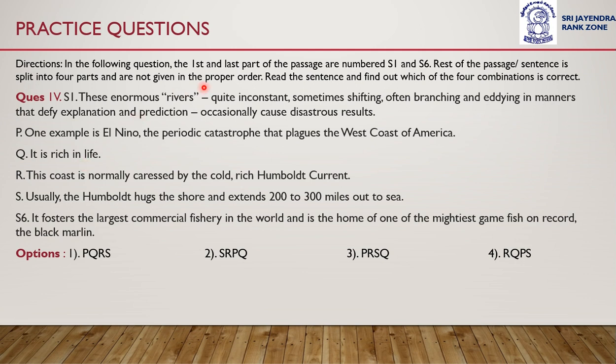In the following question, the first and the last part of the passage are numbered S1 and S6. The rest of the passage or sentence is split into 4 parts that are not given in the proper order. Read the sentences and find out which of the 4 combinations is correct. So this is a question with 6 statements in which the opening statement and the closing statement are already finalized.